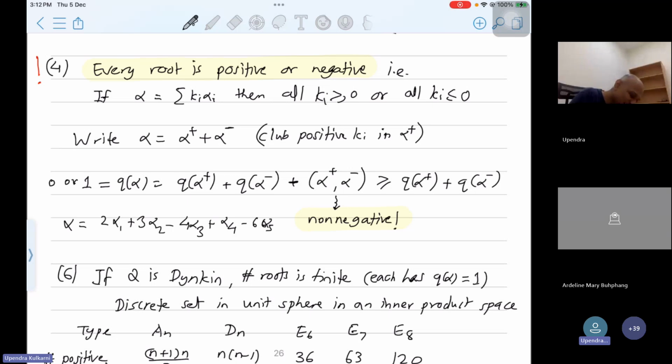All I'm saying is that this alpha plus consists of the first term, the second term, and this term, and alpha minus consists of this one and this one. I'm just separating out the positive and negative coefficients.